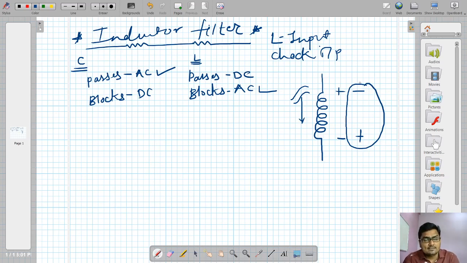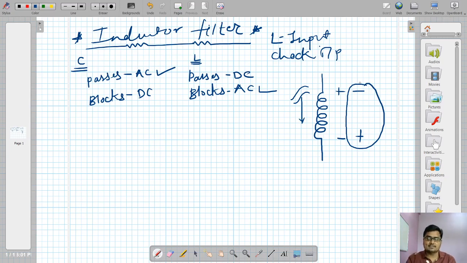Now, if it is capacitor, charge stores into the capacitor by charging the capacitor. Charge going from the capacitor is what discharging of the capacitor. So we were able to explain the theory with capacitor.